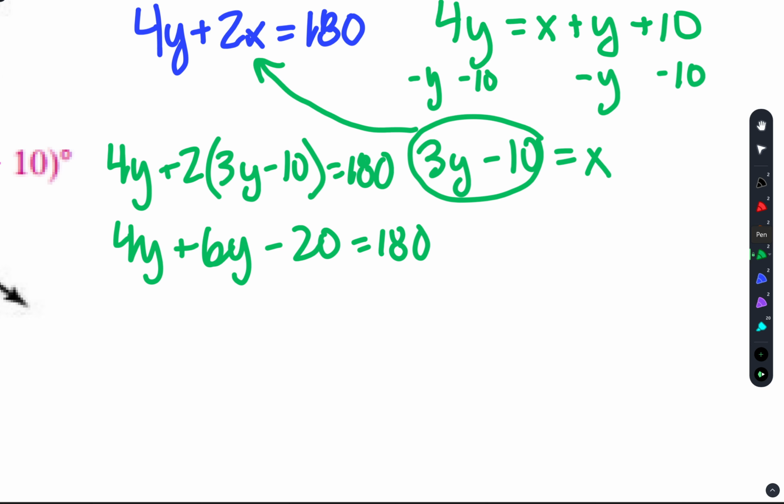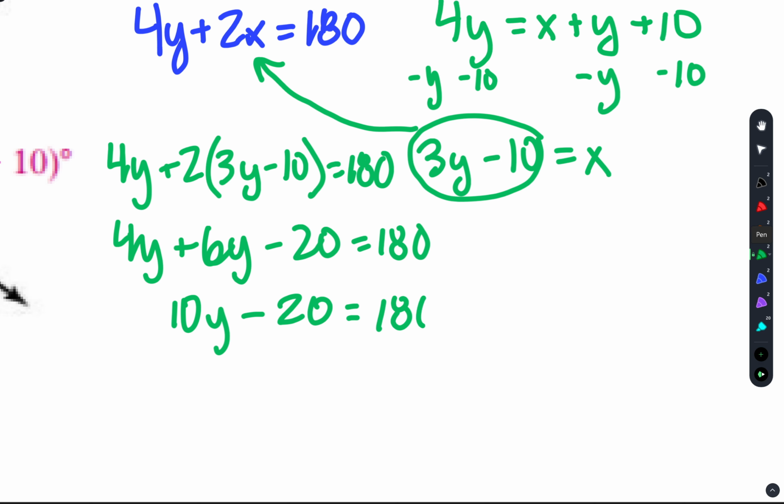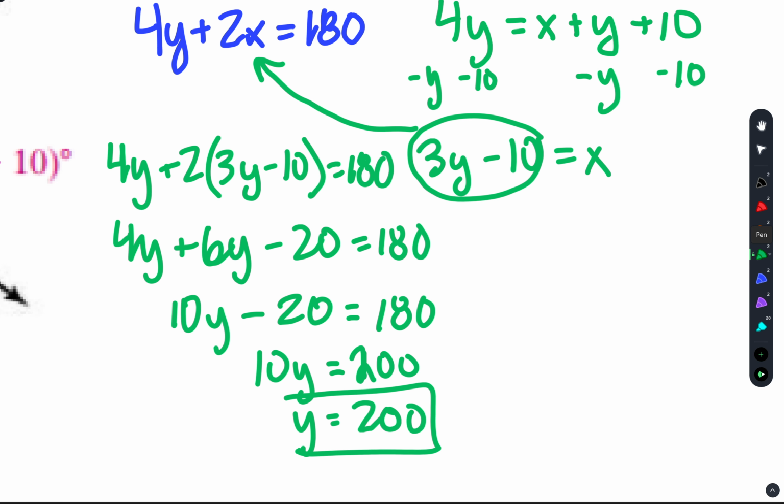I can combine my like terms. I'm simplifying. I'm going to add 20 to both sides, addition property. Divide by 10, division property, y equals, not 200, 20.